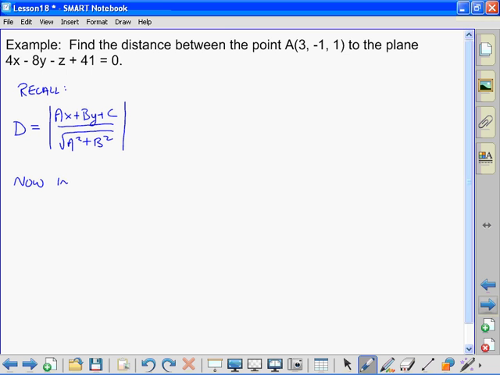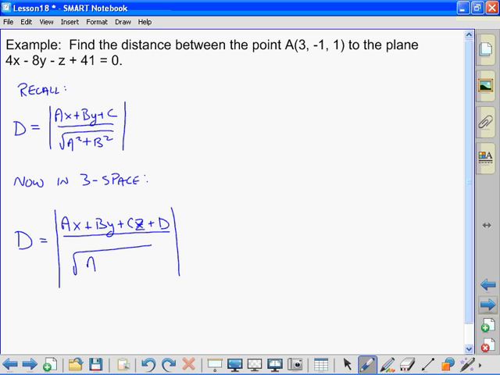Now, in 3 space, and I'm not going to go through the proof and show you because it's the exact same proof, it now moves to the equation of the plane, plus d, and now you have a third component in the denominator because now we're in 3 space.